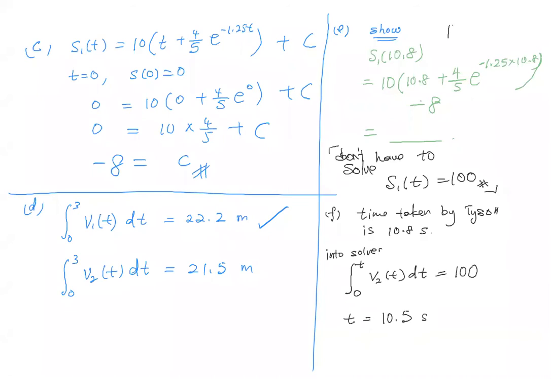You integrate from 0 to 10.8. Then you put V1T dt and you get approximately 100. You write down the exact value that you get. Can. No problem. So that is not the only way. But you just don't have to solve this.